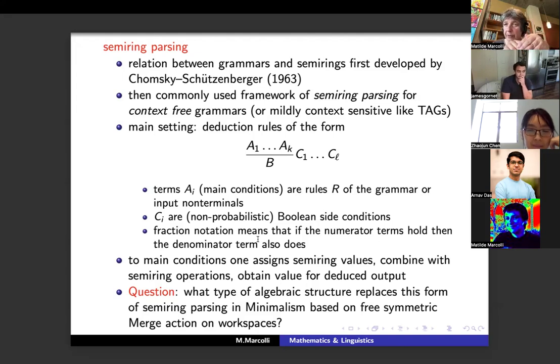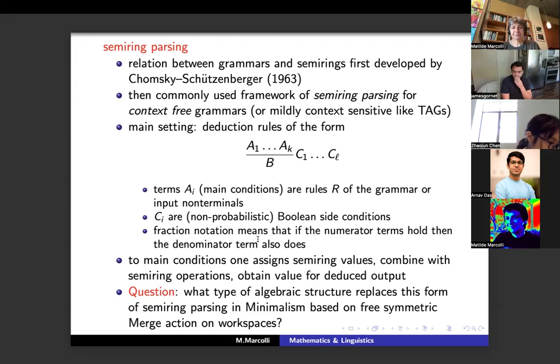This point of view is a bit different. It is about following the chain of derivations that builds the structures through merge, and trying to see along this chain of derivations how the parsing is happening.